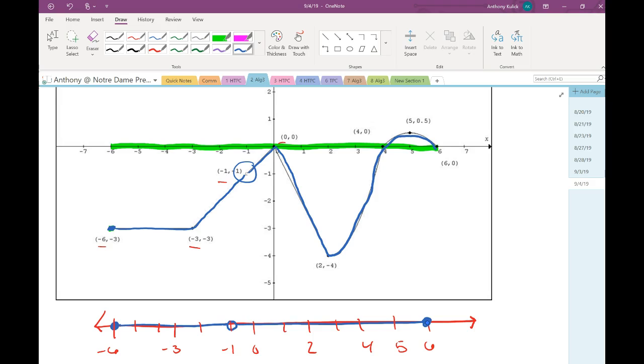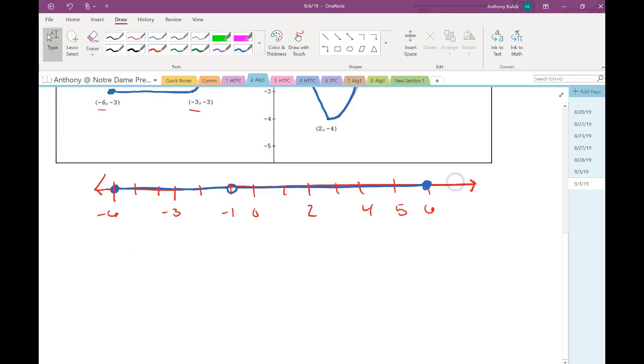So I'm going to use this number line now to write my interval for my domain. I'm going to ignore the graph and all the extra distracting information and just look at my number line. Is everybody okay with that? I have one section that goes here and my second section that goes there.